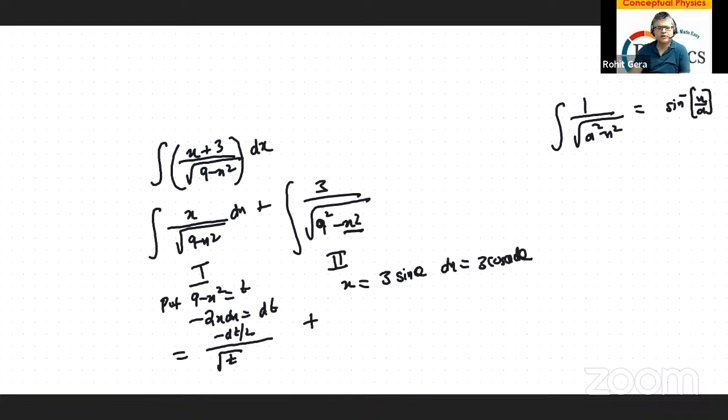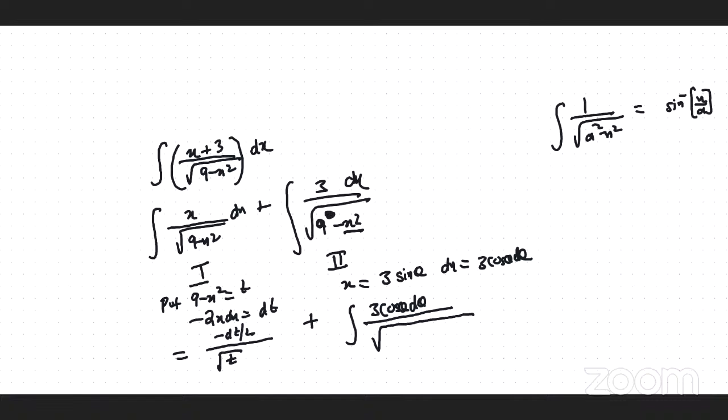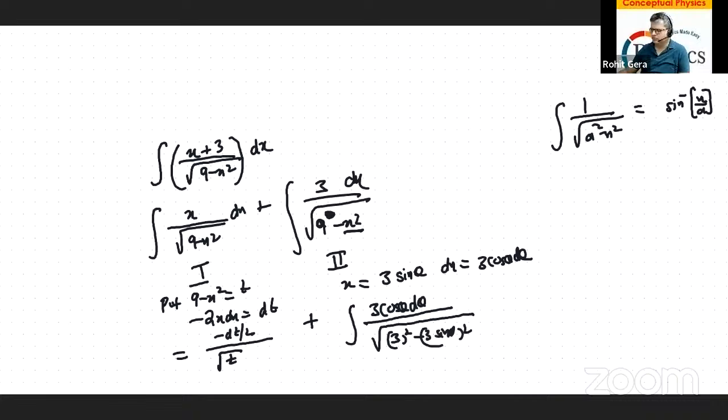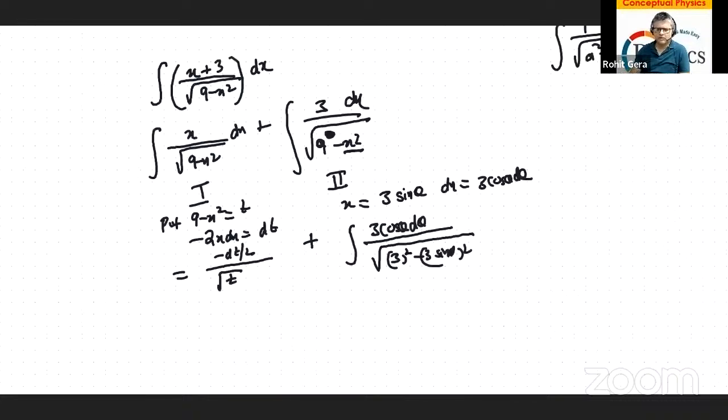So this will be 3 cos theta d theta. Sorry, this is not 9 square, this is 3 square. So I am integrating it directly.